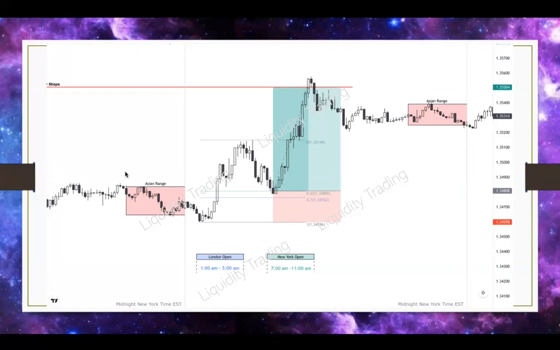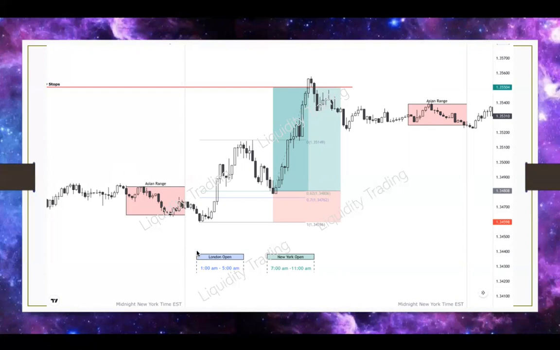Now notice in this example that we have a tight Asian range, and we see the market trade below the Asia range at London Open. Again, on this chart I'm only referring to New York time, EST.